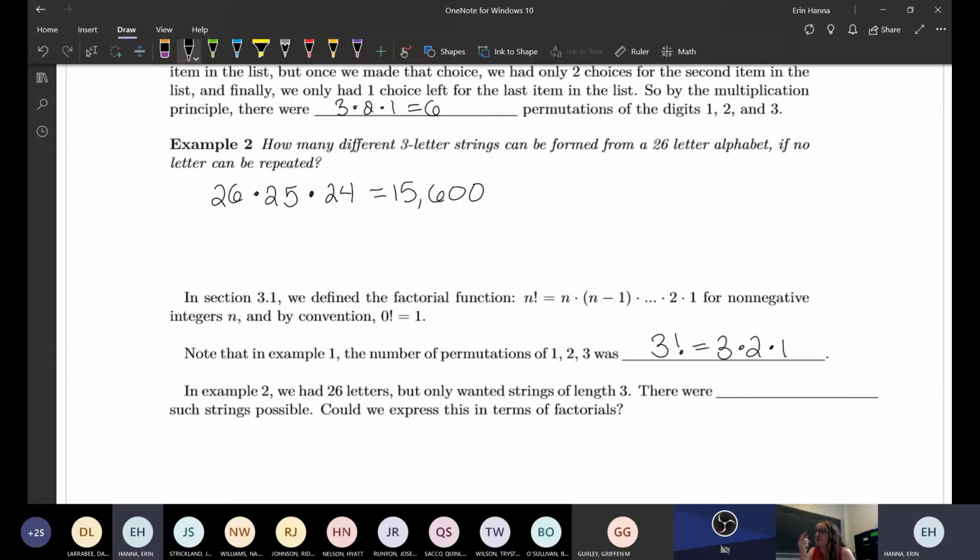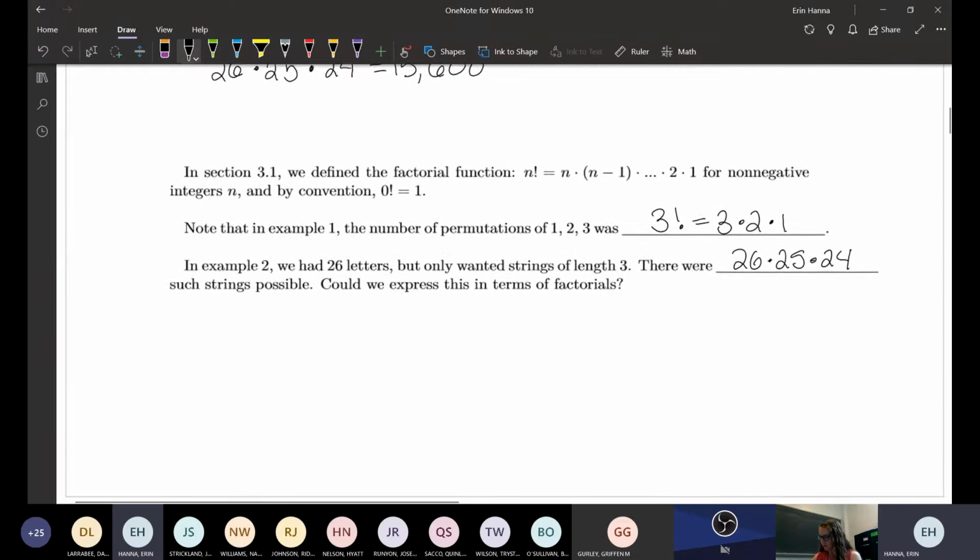Now in that second example with the 3-letter string, there were 26 times 25 times 24, which is not a full factorial, but is there a way that we can express it in terms of a factorial, or maybe multiple factorials?